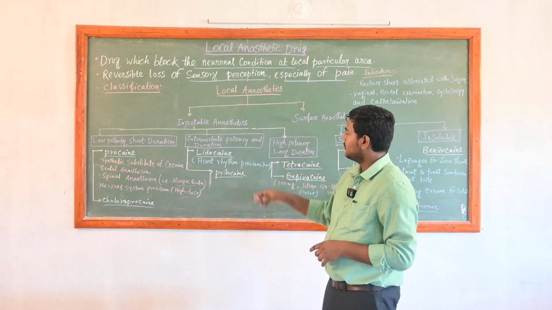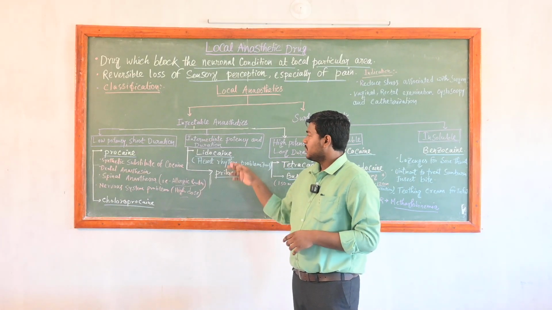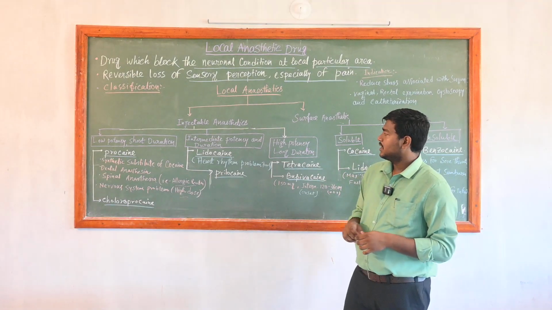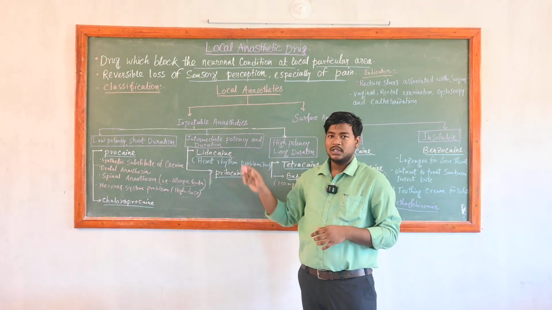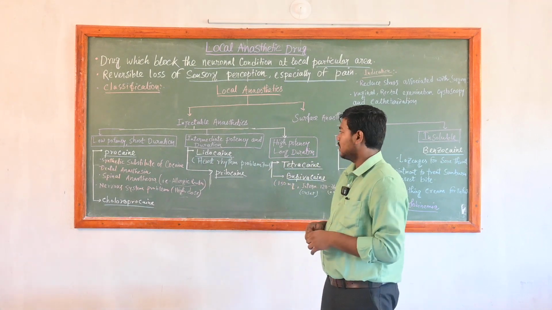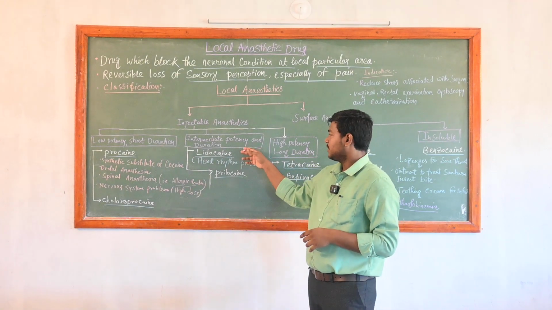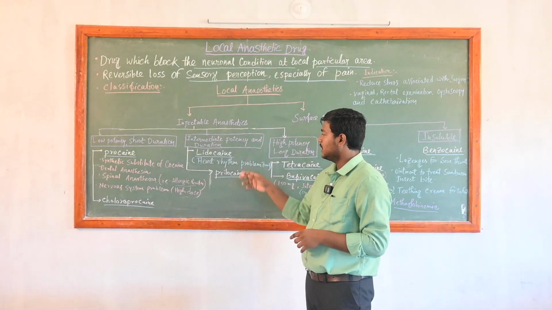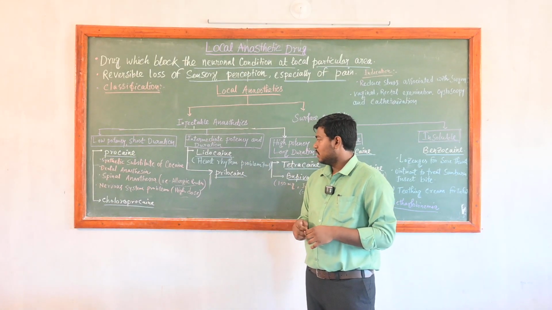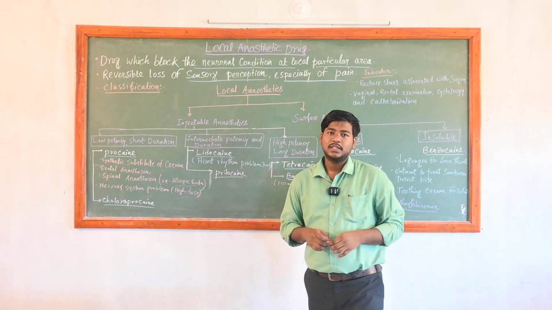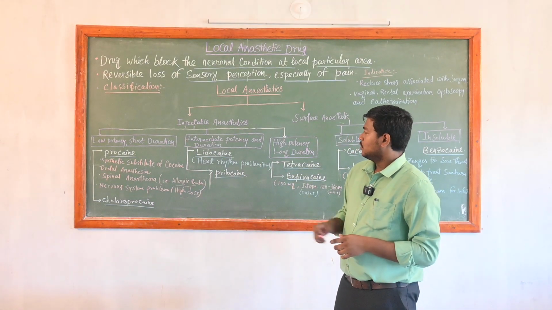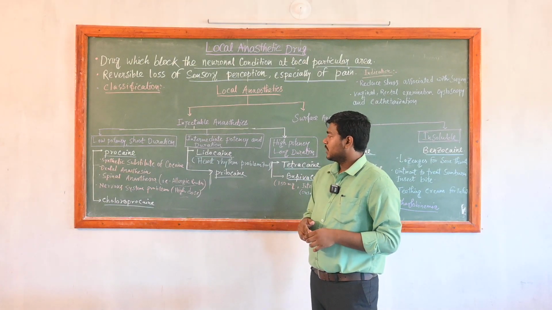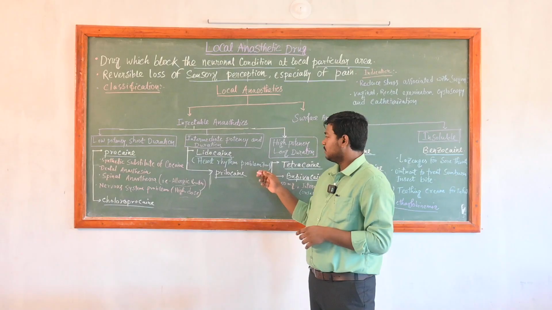The second one is intermediate potency and intermediate duration injectable anesthetic drug. Intermediate potency means the potency of the drug is not very high and not very low. It is intermediate, and the duration of action is also intermediate. For example, Lidocaine and Prilocaine. Lidocaine is also known as Lignocaine. Lidocaine is used as an alternative of Procaine, and Lidocaine mainly treats heart rhythmic problems.